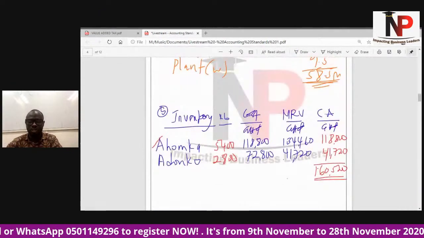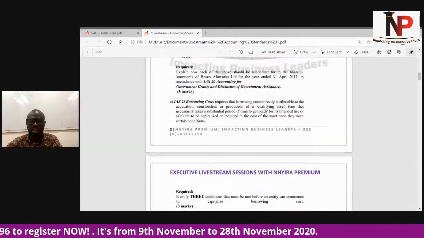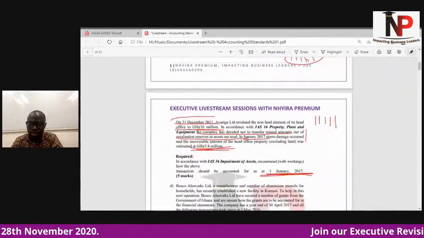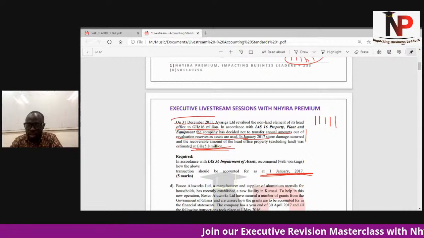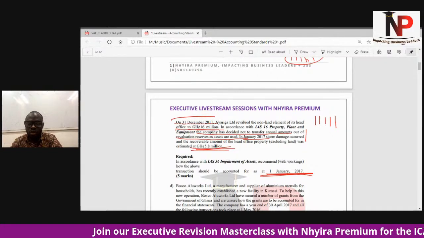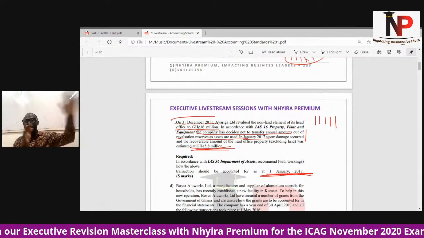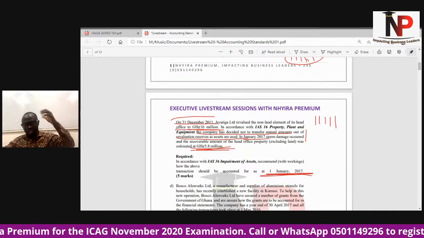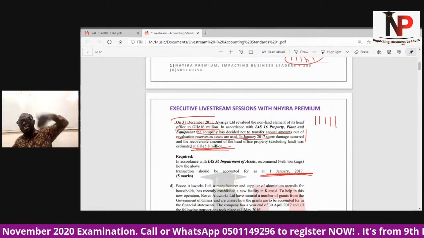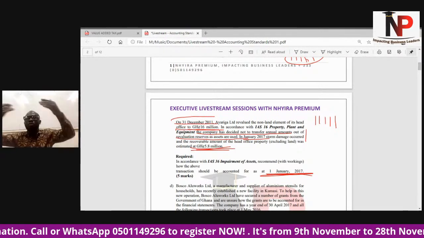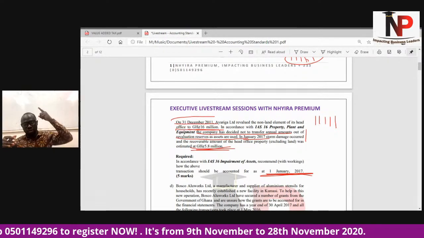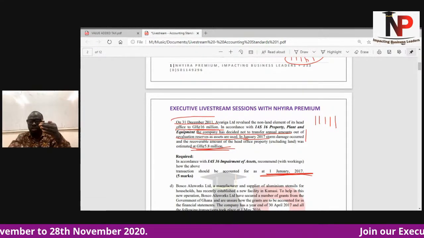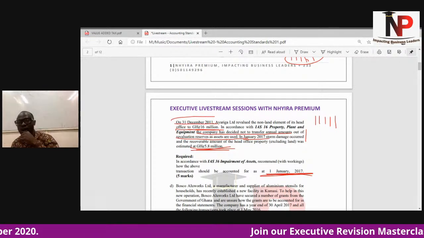Then let's go back to the question. We are told that the asset has been in use until the revaluation in January 2017. So the asset from 2012 to 2016: 12, 13, 14, 15, 16. Because the revaluation occurred on 31st December 2011, the following period will start from 2012 and run through 2016, because the revaluation again was done in January 2017.